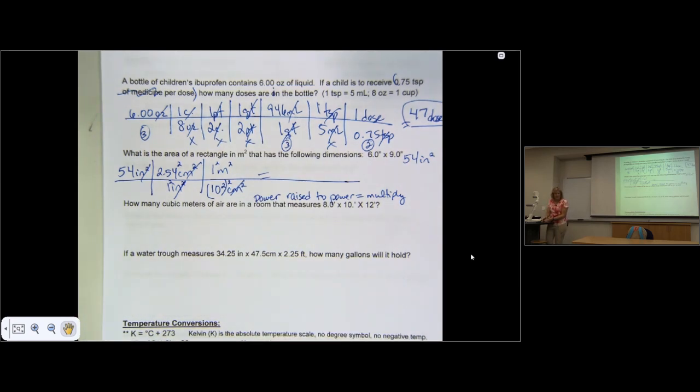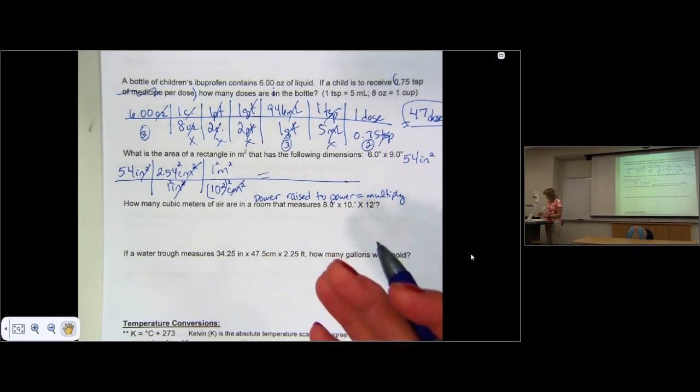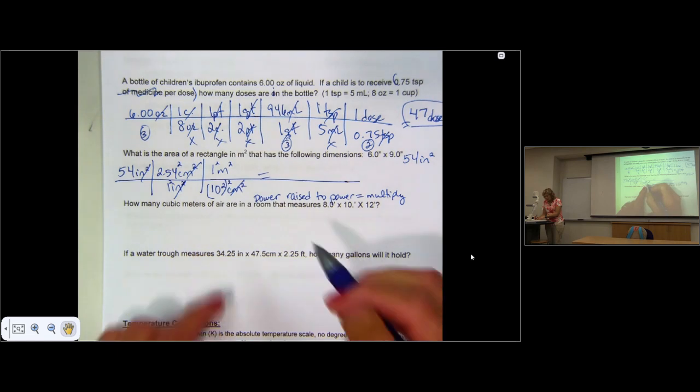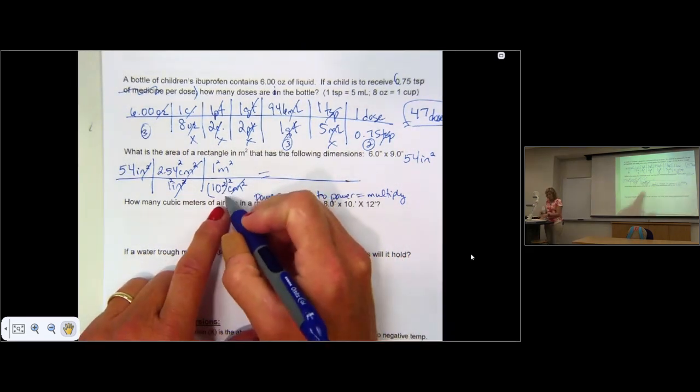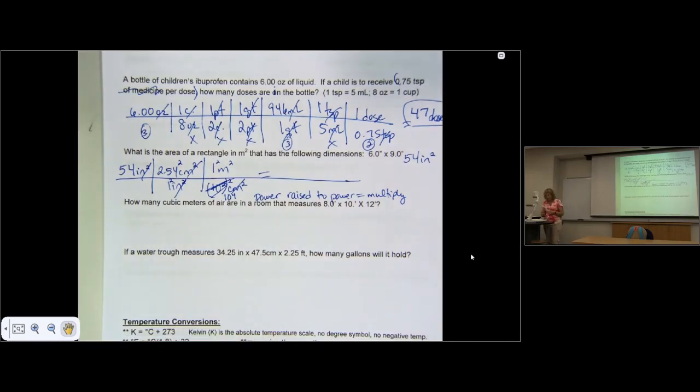You multiply the powers when a power is raised to a power. Now here, whether you multiplied it or added it, you're still going to get what? 4. Okay? I'll show this to you again on another one so that you definitely see this. I would suggest that you go ahead and put 10 to the 4th there just so that you understand later that's what you're doing. Now run your numbers.